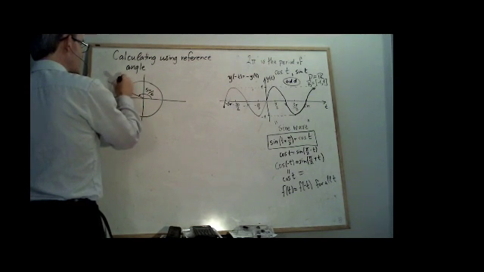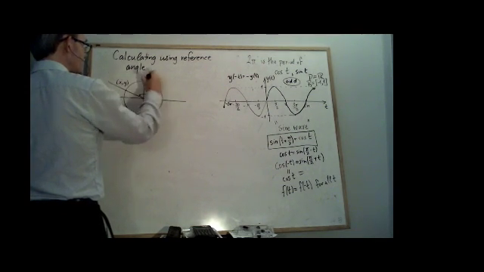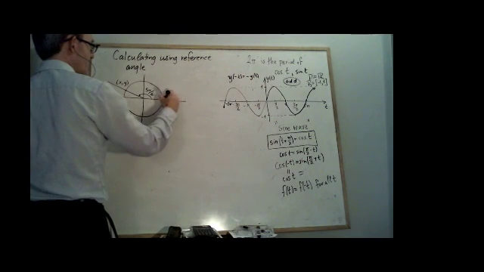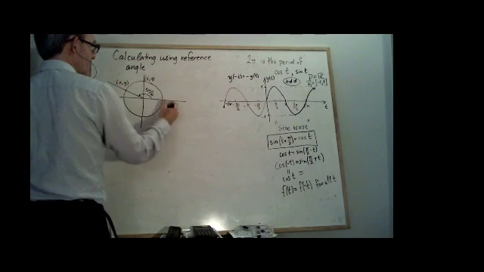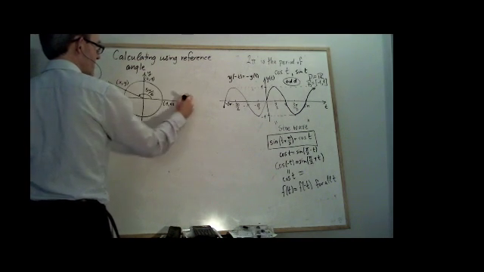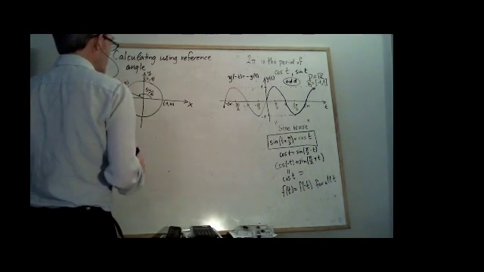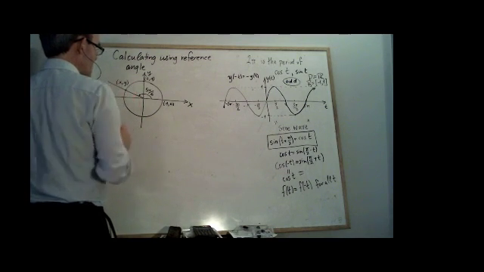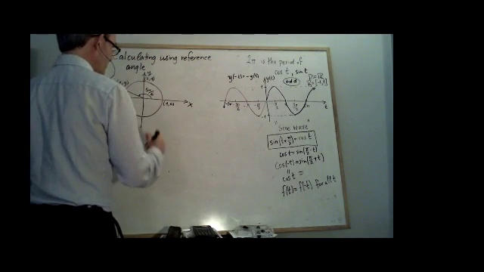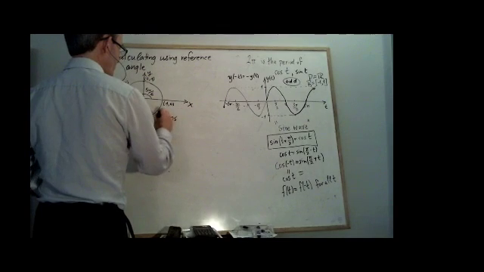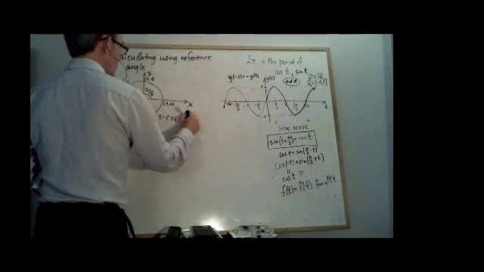And this point is x, y. This is the unit circle, so this is radius 1, so the usual points are here: 1, 0, 0, 1. So the question is, what are the values of x and y here? In other words, what are the cosine and sine of 5 pi over 6?